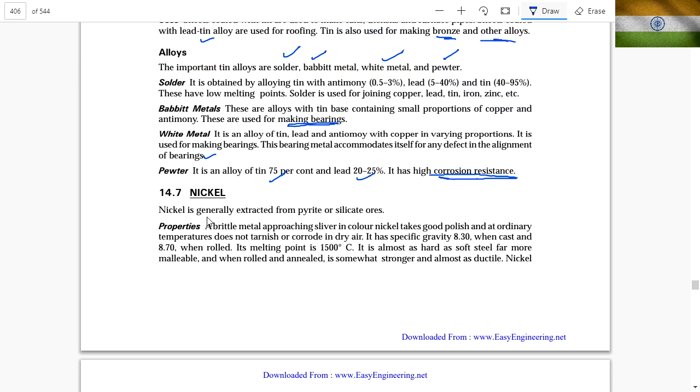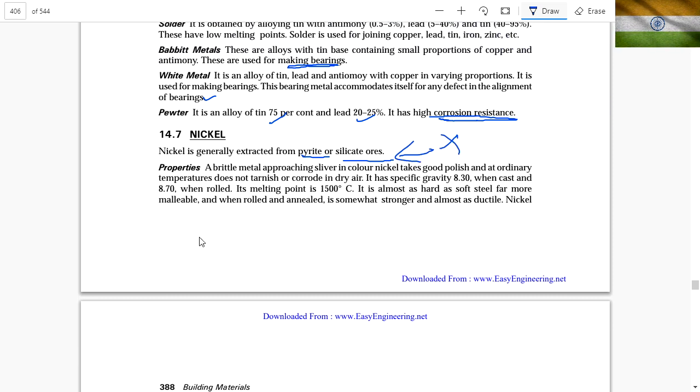Nickel is generally extracted from pyrites and silicates. Here the particular process of how we extract this nickel is not given. Properties: a brittle metal approaching silver in color.